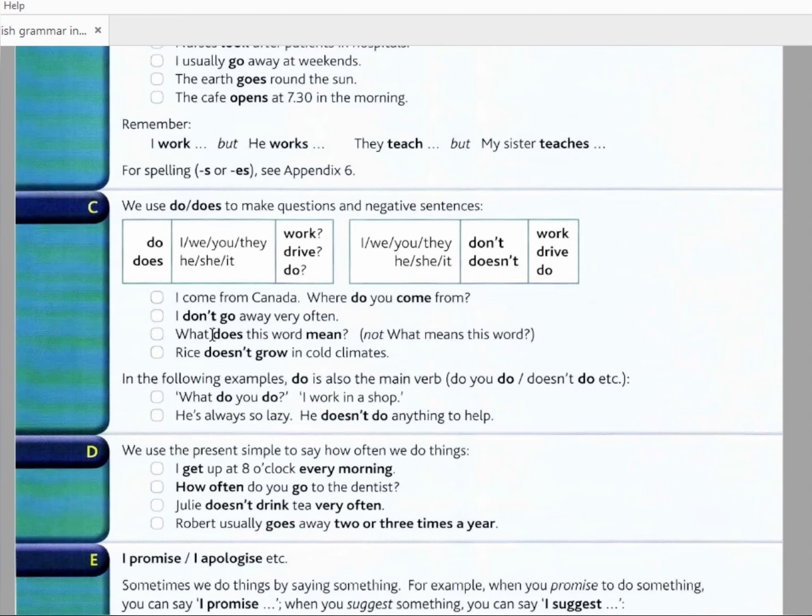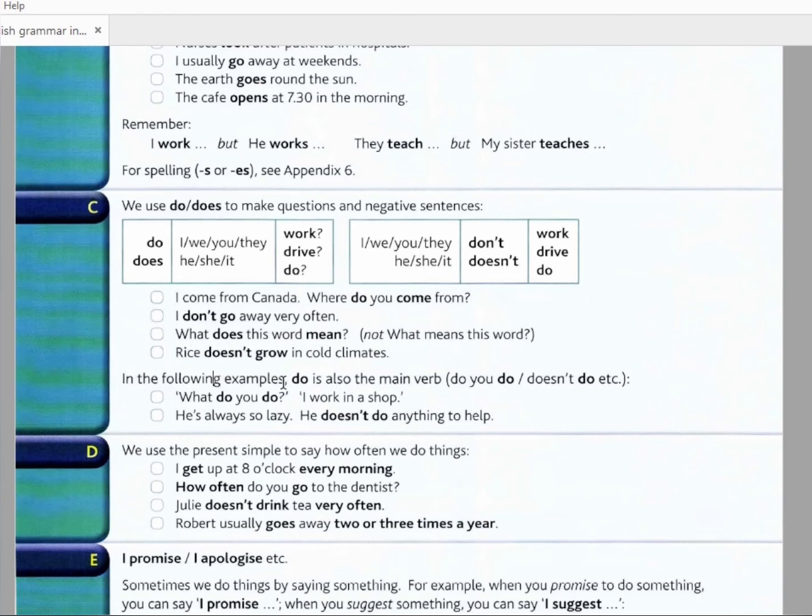We said that we have to add "do" and "does," then you have your subject, then the verb. But sometimes a WH question, like what, when, where, comes before this. No problem, because it's about the question form. For example, when does he go? Or where does he go? What does this word mean?